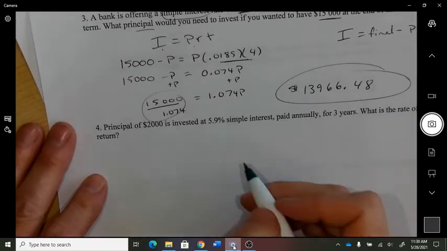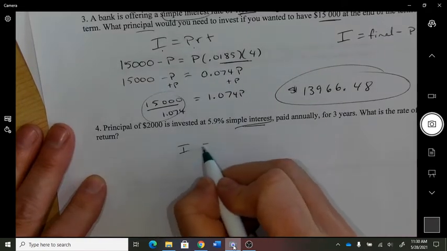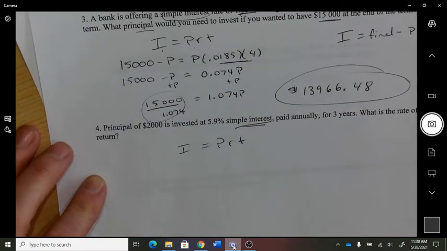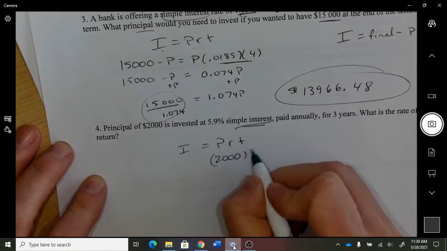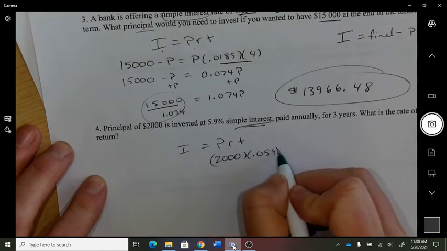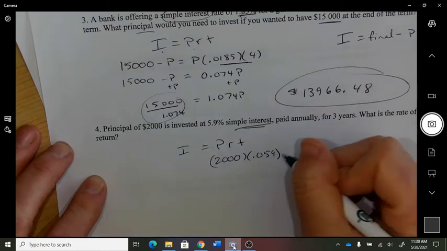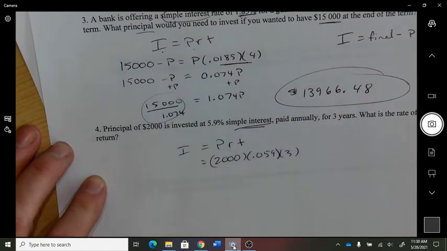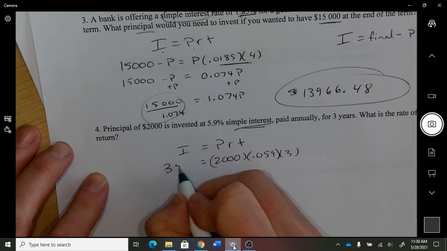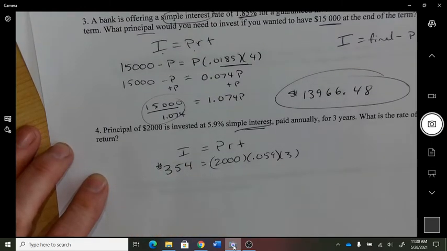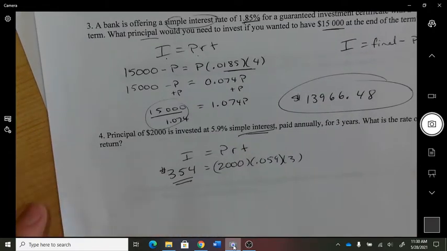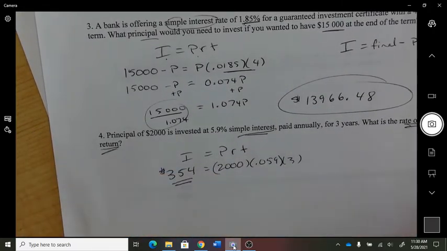Okay, another question that says simple interest, so I'm going to use that. The principal of 2,000, the interest rate as a decimal for 3 years. So how much interest am I going to earn? In my calculator, 354. Now, the rate of return.